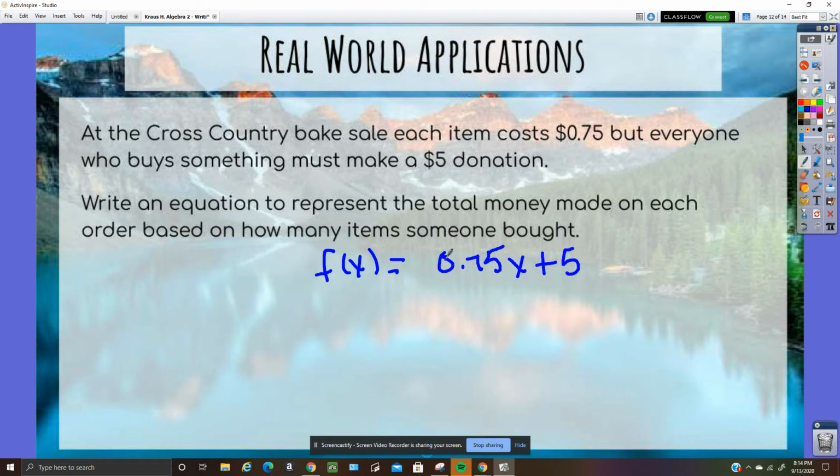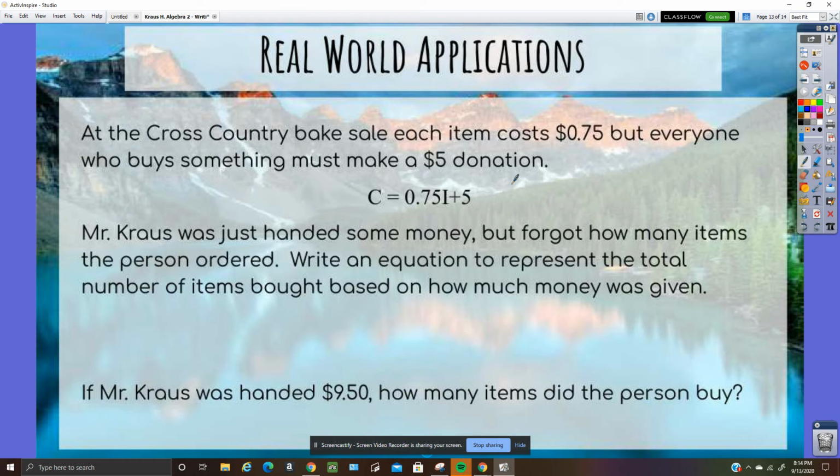On the next slide, they might have used different variables there, so they used 0.75 times the number of items plus 5 is the cost. So Mr. Krause was just handed some money, but forgot how many items the person ordered. Write an equation to represent the total number of items based on how much money was given.